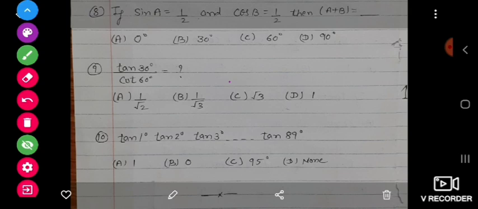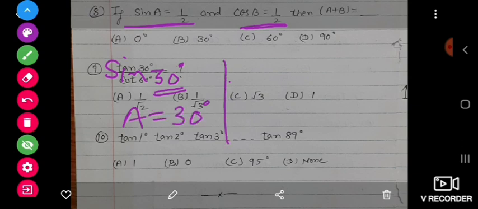If sine A is equal to 1 by 2 and cos B is equal to 1 by 2. Sine becomes 1 by 2 at sine 30 degree. So I can say A is 30. Cos B becomes 1 by 2 at cos 60 degree.